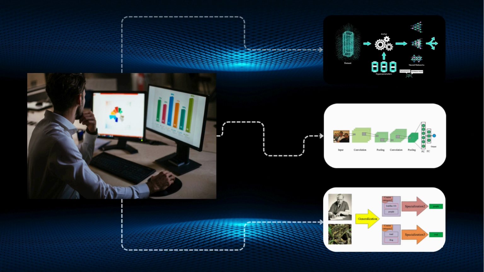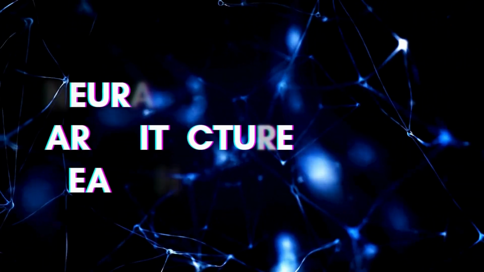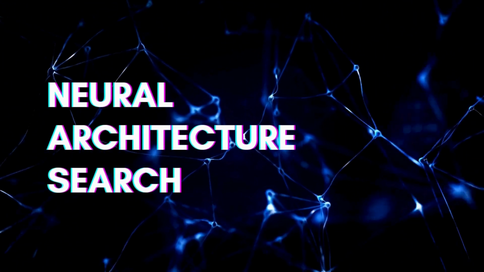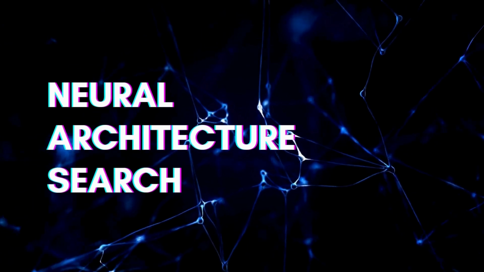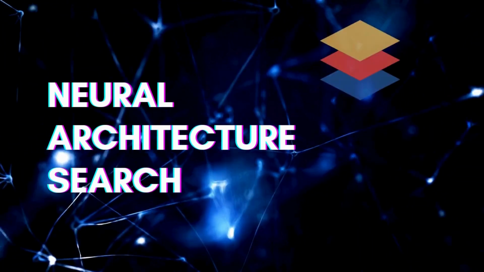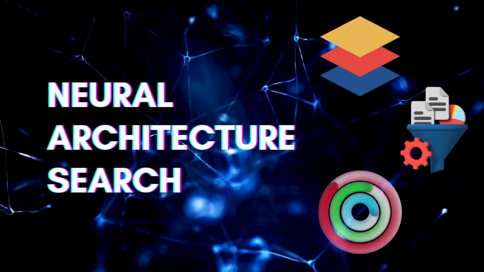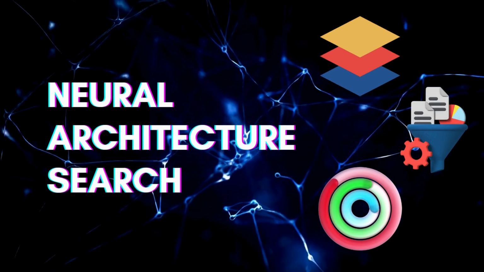In this section, we'll explore these applications one by one. Let's dive right in. First up, CIFAR-100 plays a critical role in neural architecture search. Think of it as a way to explore various architectures to find the most effective one for a specific task.